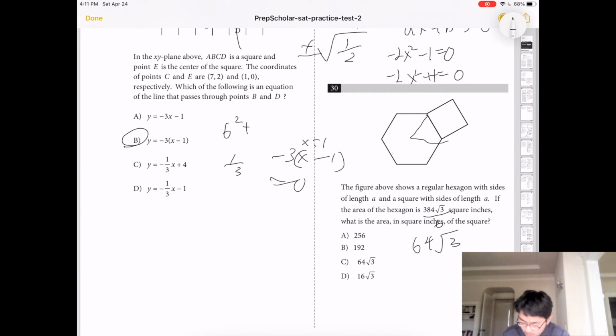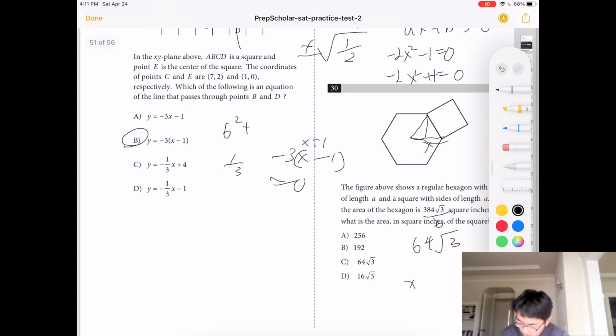Okay, now what? Now, since we have the area, we know that the area of an equilateral triangle is x times... wait, no, let's do it another way.